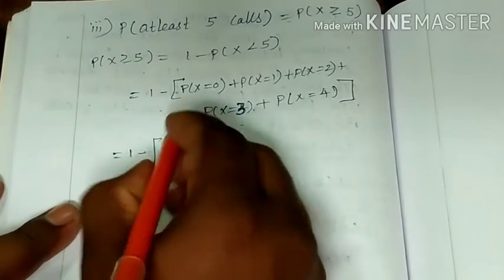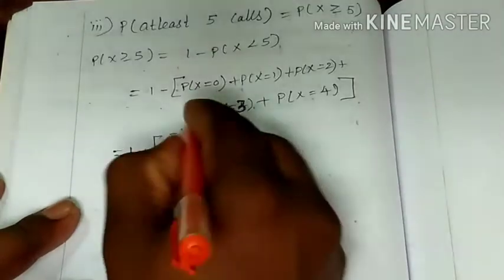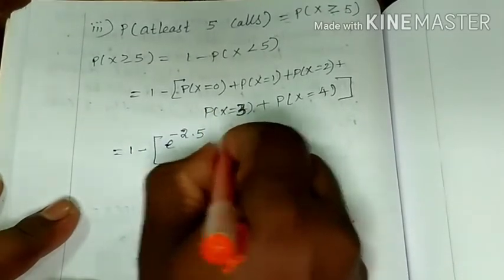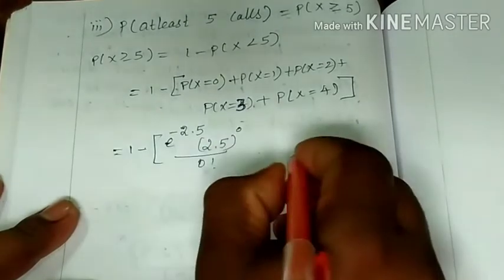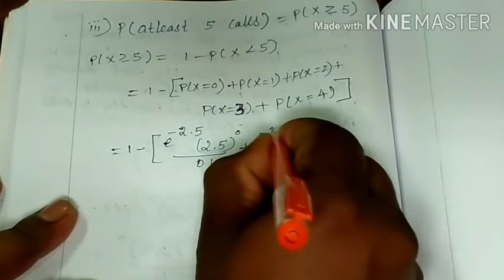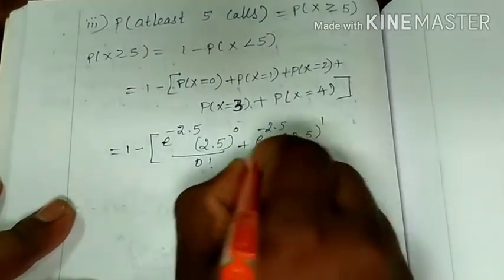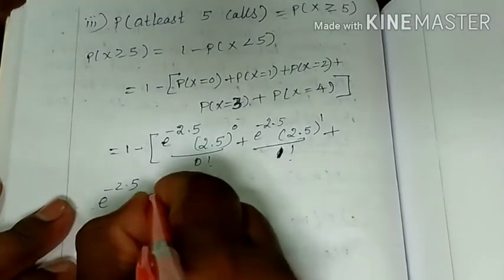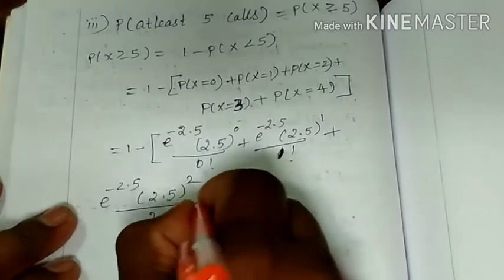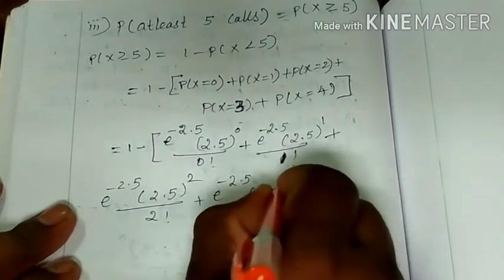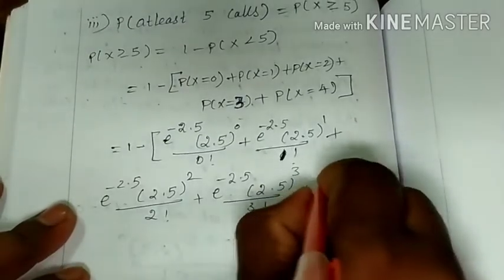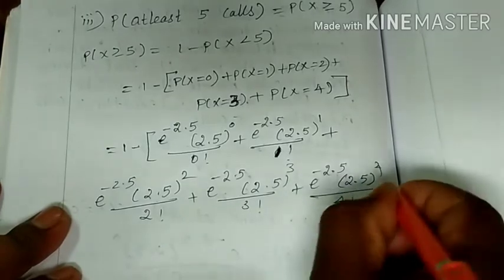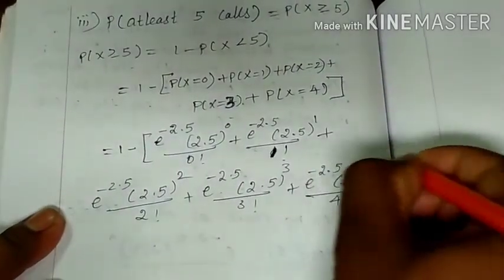Using the formula e power minus lambda, the lambda value is 2.5: e power minus 2.5, 2.5 power 0 divided by 0 factorial, then e power minus 2.5, 2.5 power 1 divided by 1 factorial, plus e power minus 2.5, 2.5 power 2 divided by 2 factorial, plus e power minus 2.5, 2.5 power 3 divided by 3 factorial, plus e power minus 2.5, 2.5 power 4 divided by 4 factorial. That's all, up to 4 we substitute.